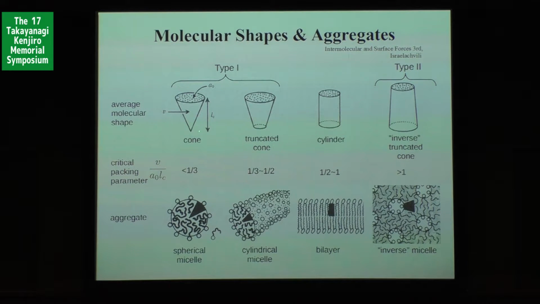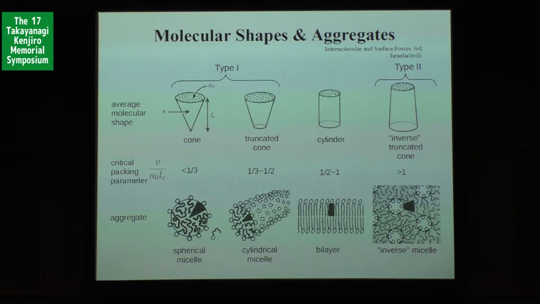This is type 1 molecular shape, which has a big polar head and a small non-polar tail. And then it forms this type of aggregate, spherical micelle or cylindrical micelle, with polar heads toward the outside and non-polar tails toward the inside, and water located outside.